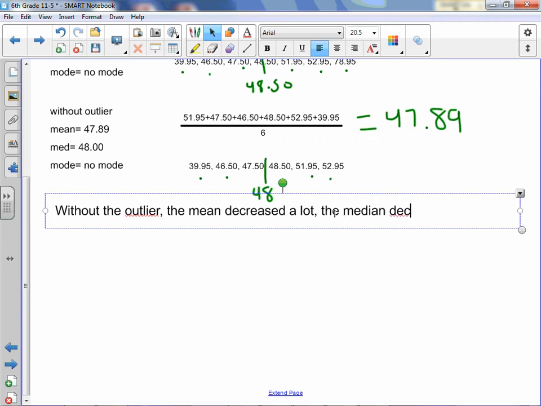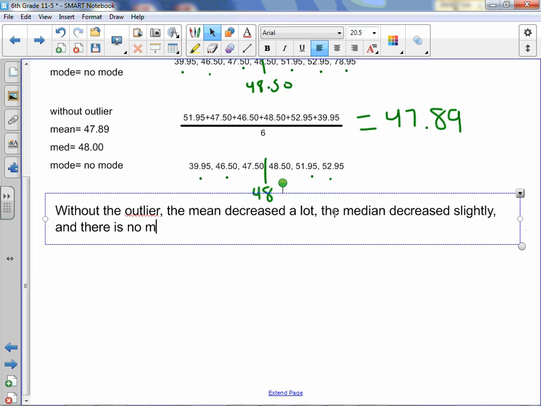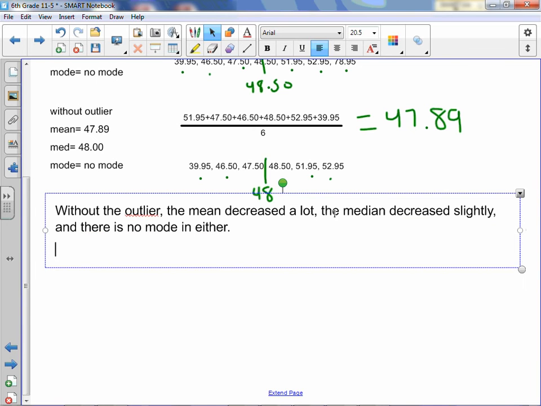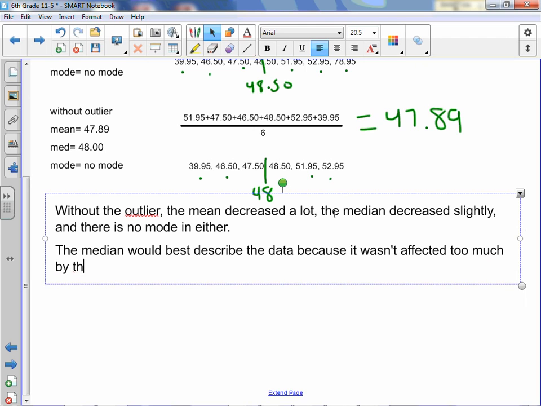The median decreased slightly. And there is no mode in either. Because of this, we would choose the median. So the median would best describe the data because it wasn't affected too much by the outlier.